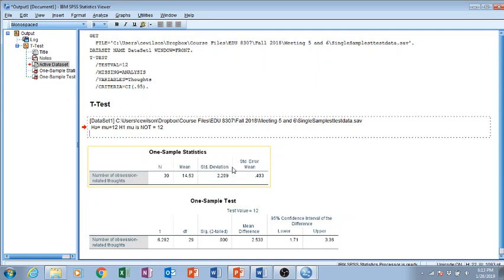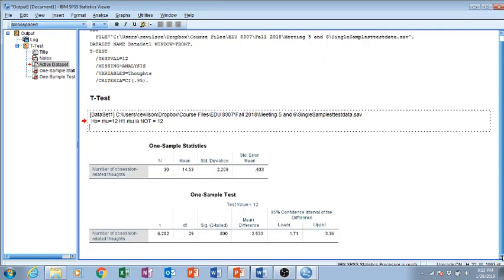And so just like the formula showed, this is being inserted to get an estimated population standard error so that we can calculate t. So here is our test statistic right here. We did not have to use a formula. It gave it to us, right?